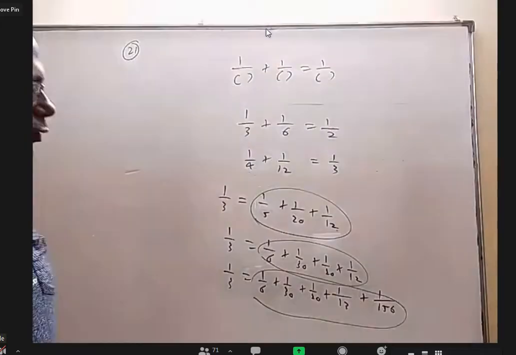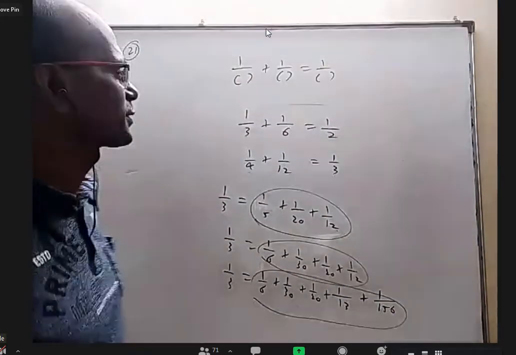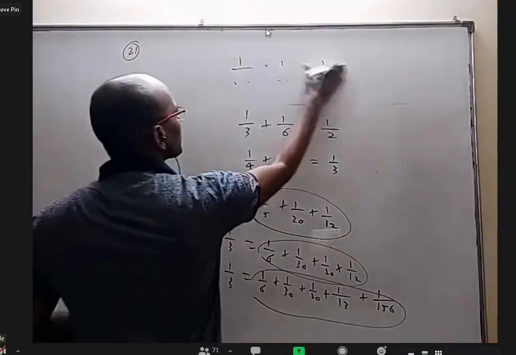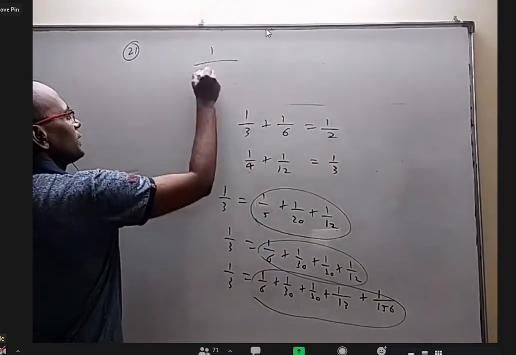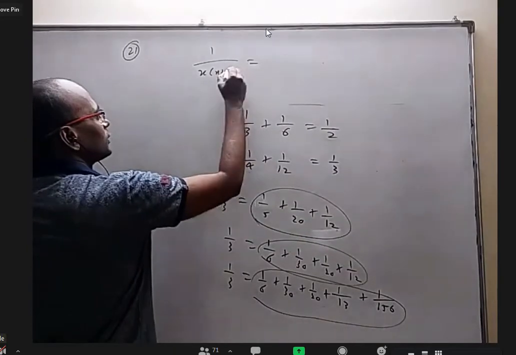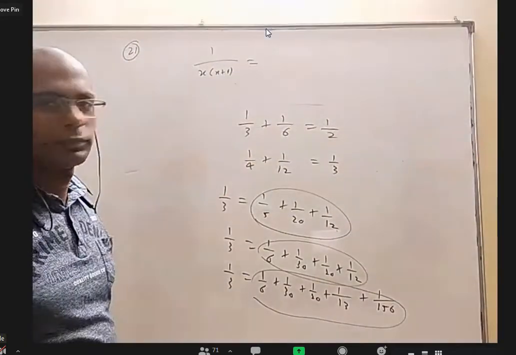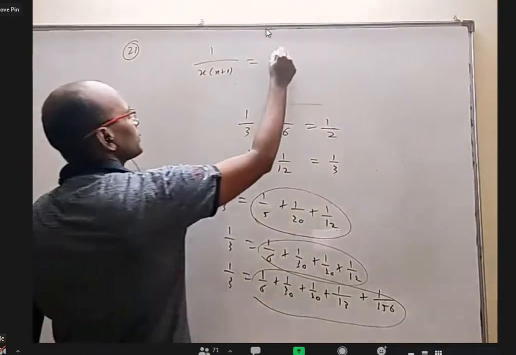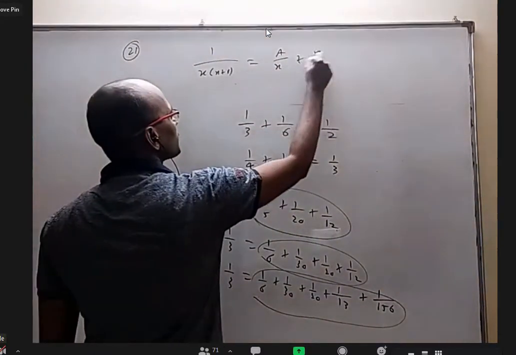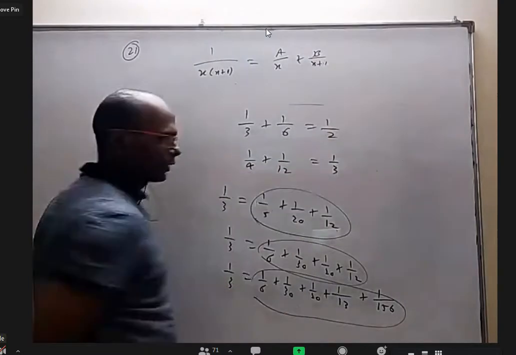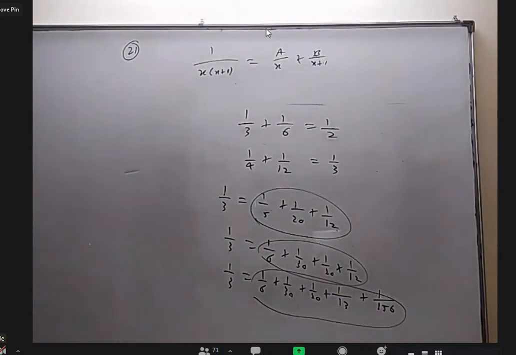Anyway, what a coincidence, partial fractions started today. So let me ask the question: partial fractions of 1 by x into x plus 1. According to partial fractions, what should I write? A by x plus B by x plus 1. Can you find A and B and tell me what will come?